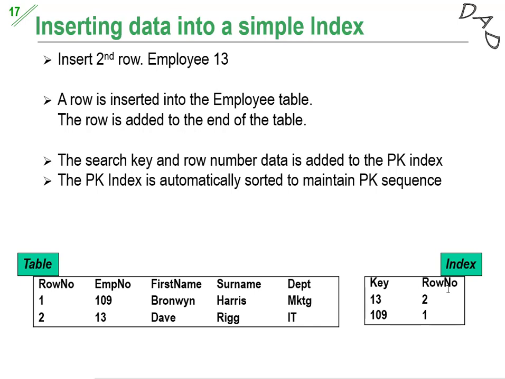Then the index gets sorted according to the primary key value. So now employee number 13 comes first and employee number 109 stays second.